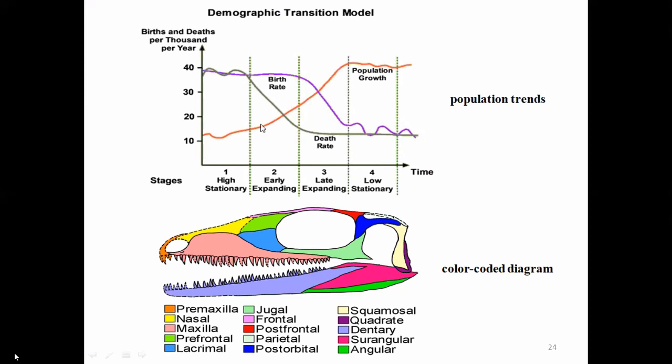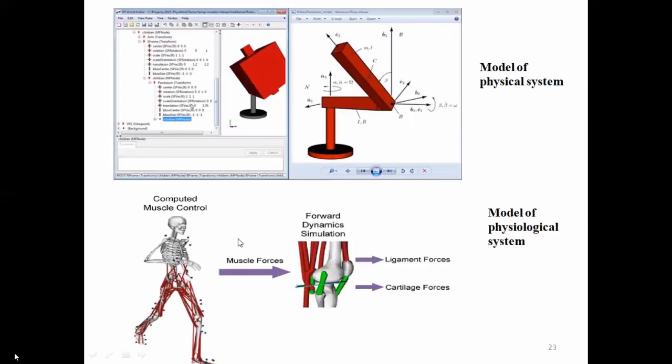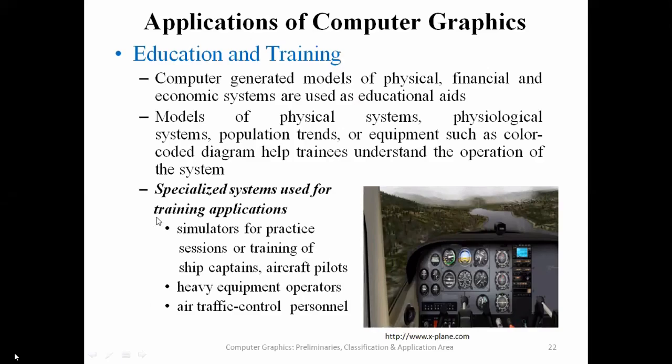A color coded diagram can be used for the educational purpose also. Like this is the bone structure for a dinosaur head. So these are many purposes that can be used for education training for the computer graphics.